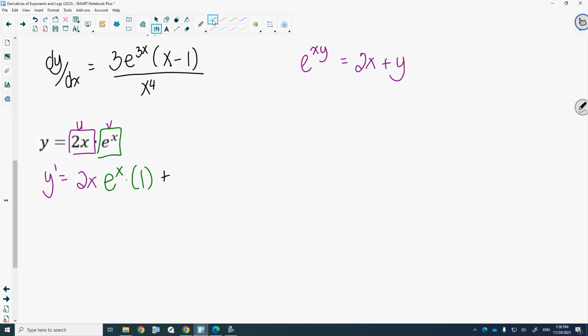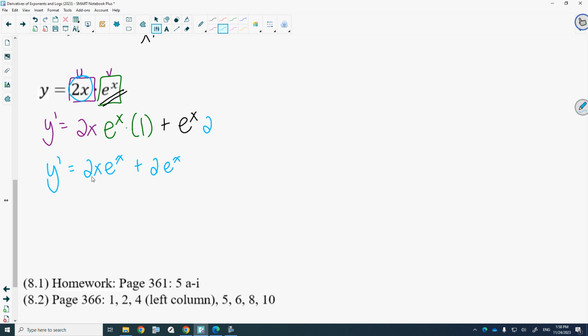So uv prime plus v u prime, where the derivative of 2x is 2. From here, I could factor out a 2 e to the x, and I will get x plus 1.